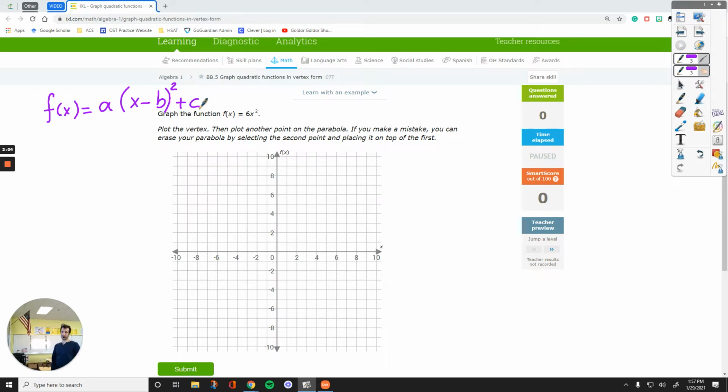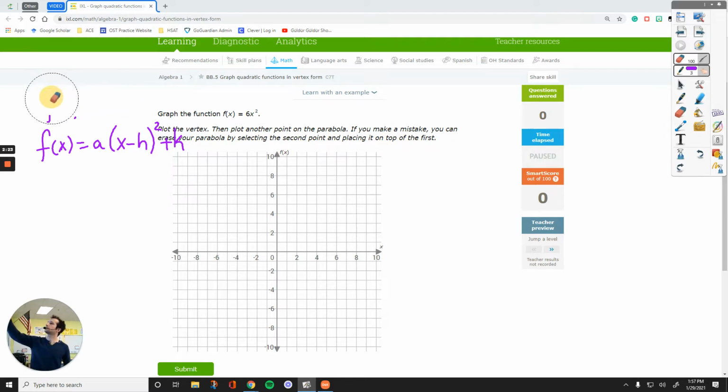Or let's make it more appropriate, because in many textbooks this is the general form: a is the same, x minus h squared plus k. Let's just stick with the second one, because many textbooks have that second formula. In this case, a, h, and k are going to be numbers.